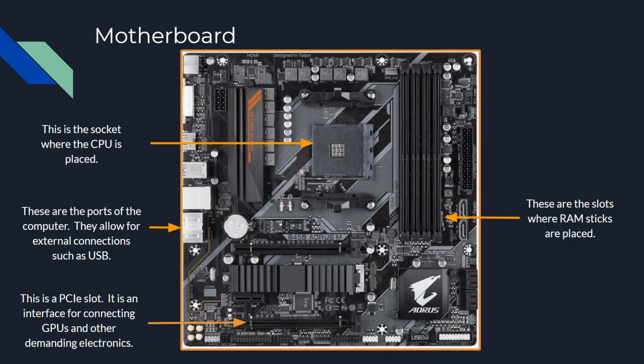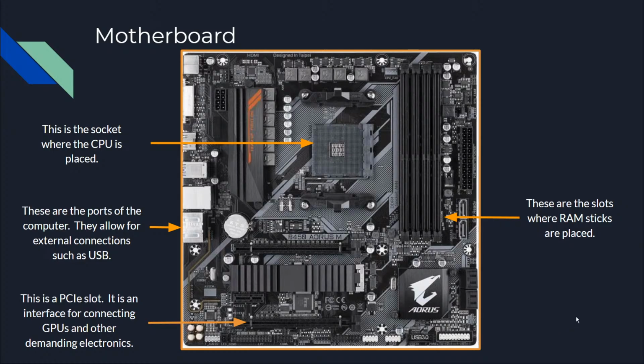So this is what a motherboard looks like. It always has the CPU slots, the RAM slots, the PCIe slots, and then the ports. That big square in the middle is obviously where the CPU is placed. The channels on the right are where the RAM sticks are placed.